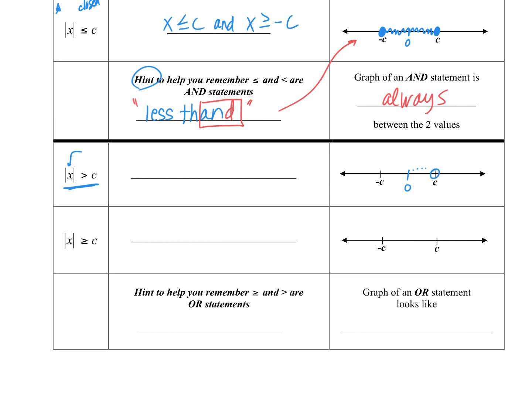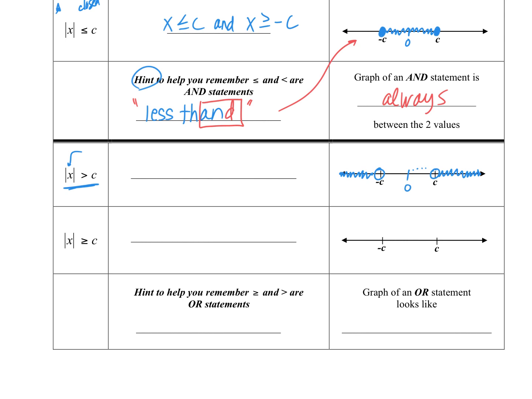I have to start past c. So this area has a distance greater than c. Or if I walked the other way on that number line, I'd have to go negative c far to be that far away, and I would go in this direction. What does that look like, guys?